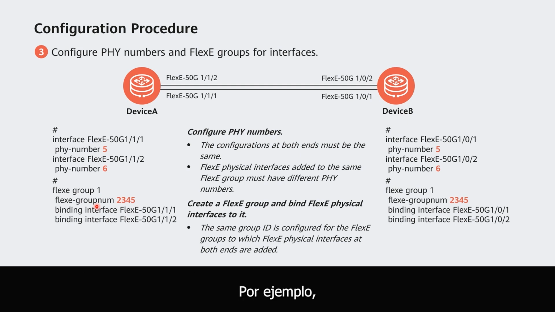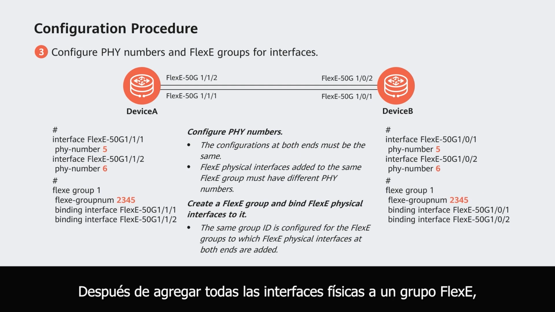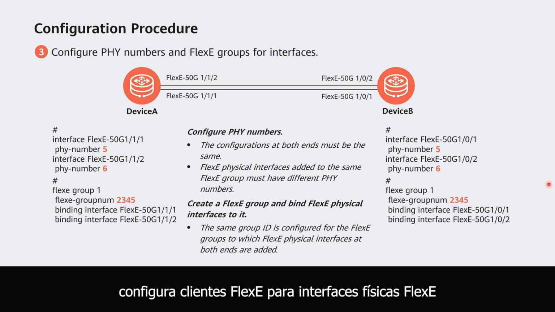For example, add both FlexE 50G1/1/1 and FlexE 50G1/0/1 to group 2345. After adding all physical interfaces to a FlexE group, configure FlexE clients for FlexE physical interfaces and set bandwidth for each client.